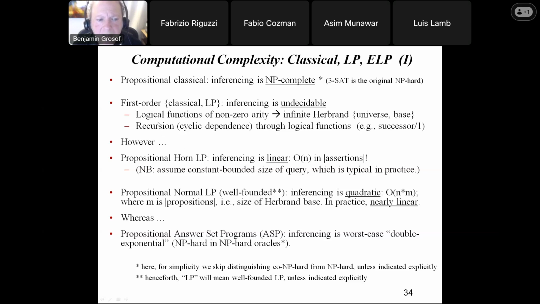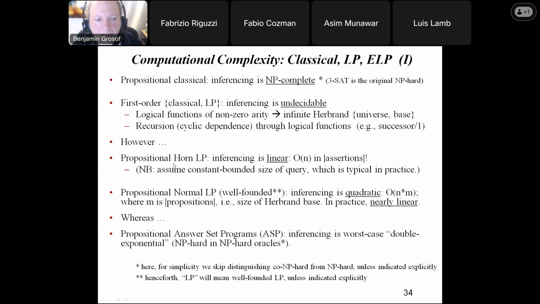And essentially what's going on is you have this capacity for cyclic dependence, known as recursion, through logical functions. For example, as we saw in the example about successor of 0, successor of successor of 0, successor of successor of successor of 0, through the rule that if x is a number, then successor of x is a number. So all the objects that we're talking about that are potentially arguments of the number predicate become infinite.